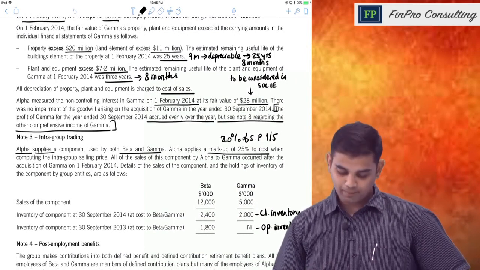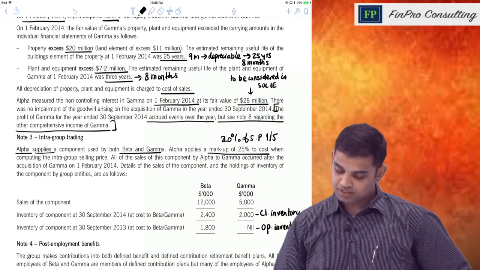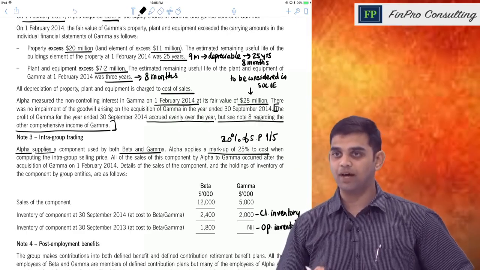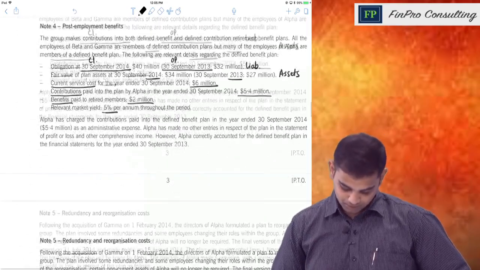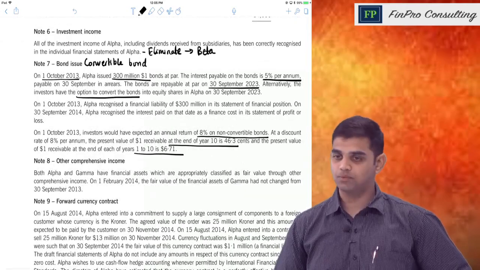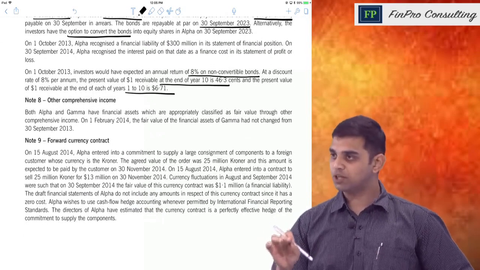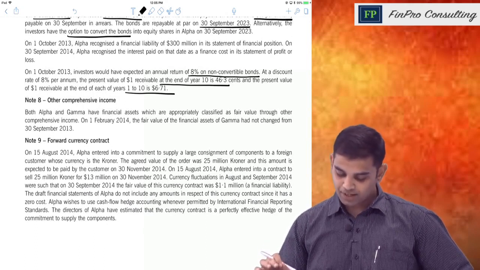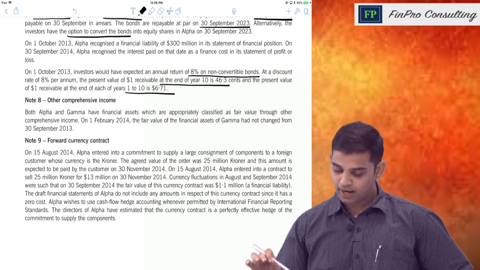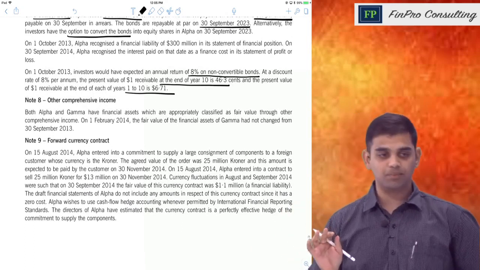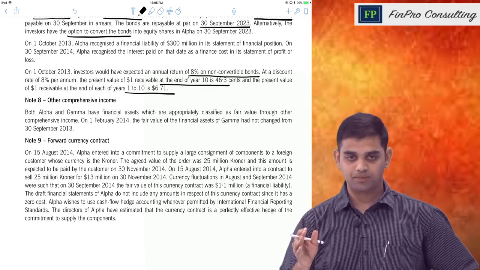The profit of gamma accrued evenly, but see note 8 regarding OCI of gamma. Okay, now we are seeing that note, OCI of gamma. Now they are saying on 1st February 2014, the fair value of financial assets of gamma had not changed from 30th September 2013, which is the opening balance.